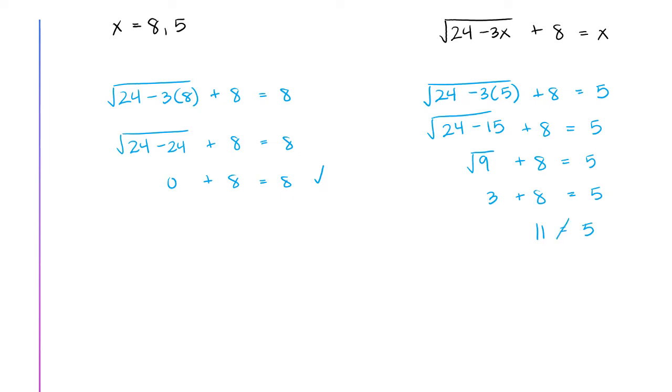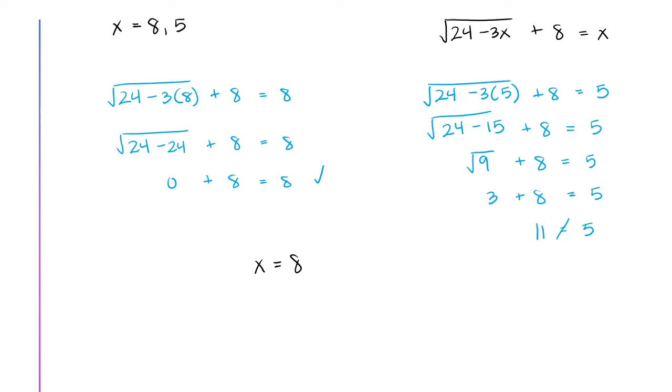So unlike when we talked about this kind of situation last time, where running into a false statement like this meant there are no solutions, in this case that just means 5 is not a solution. We do still have a solution, and it's x is equal to 8.